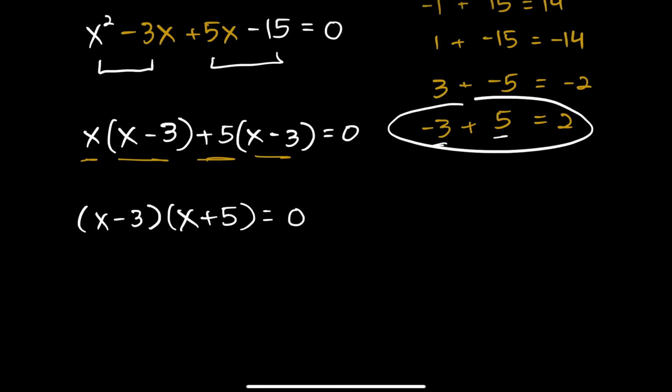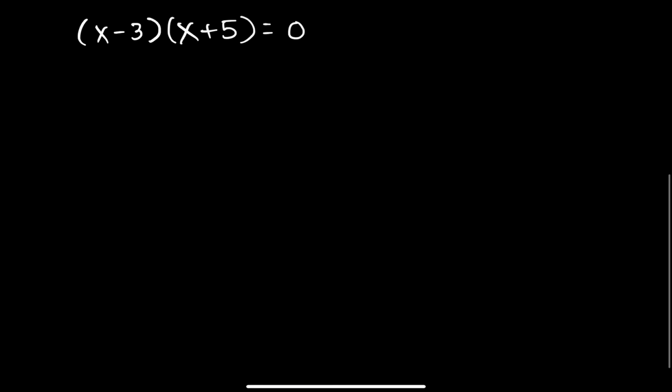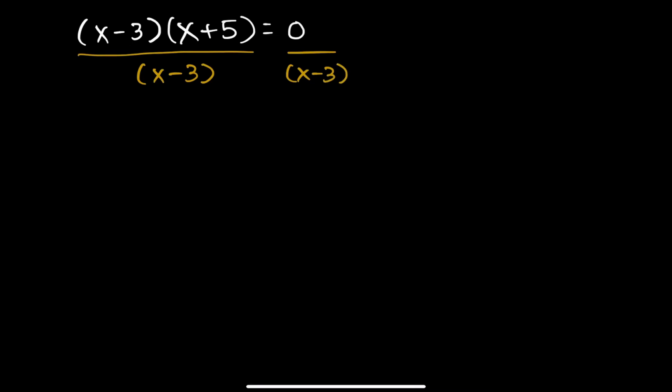Alright. Now, why do we need to make the right-hand side 0 from the very start? Well, let me show you right now. So when the right-hand side is 0, what we can do is just divide both sides by, say, x minus 3. Right? So we divide by x minus 3. So on the left-hand side, the x minus 3 in the denominator and the numerator cancel each other out, right?